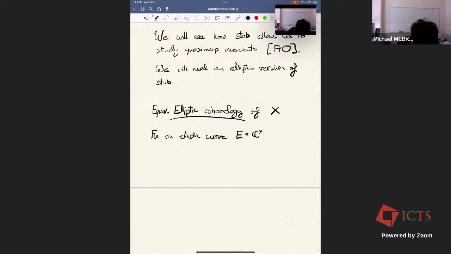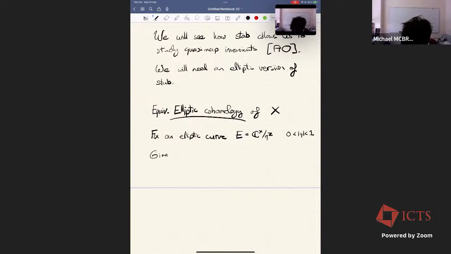E, you can think of as just C star mod some one-dimensional subgroup generated by a number Q of size smaller than 1. And more generally, I can associate to the same number Q some higher dimensional abelian varieties.